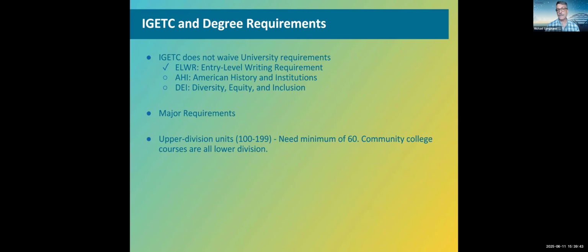So while some transcripts may verify UC IGETC eligibility, do not assume that your transcript is going to contain that information. So the second document, the IGETC certificate, will be required.